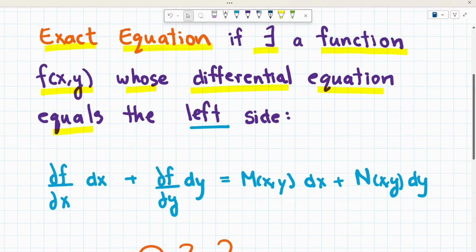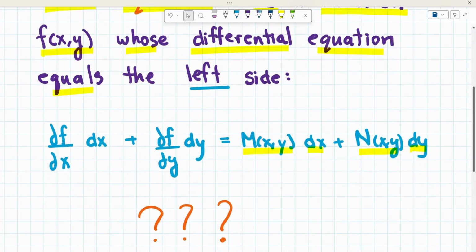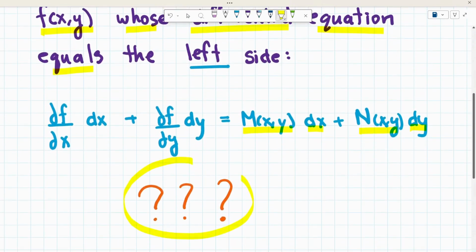So we have the partial derivative of f with respect to x dx, and then we have the partial derivative of f with respect to y dy, and then that equals our exact function above, our M of x, y dx, and then our N of x, y dy. Okay, so that's a lot of words and definitions. So really, what does that actually mean?